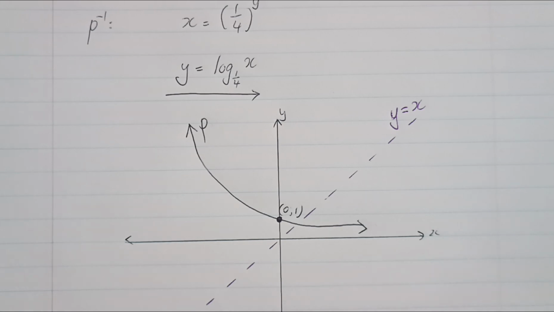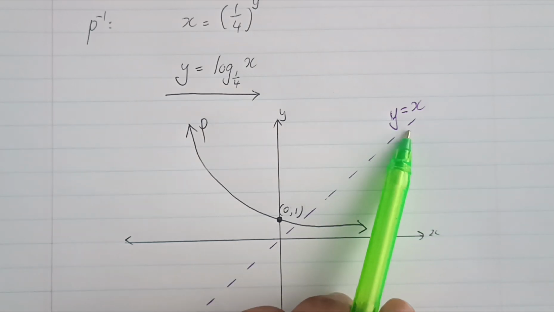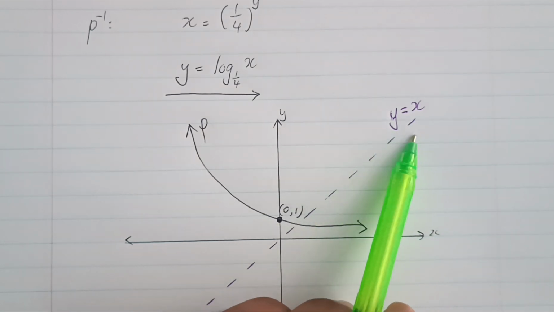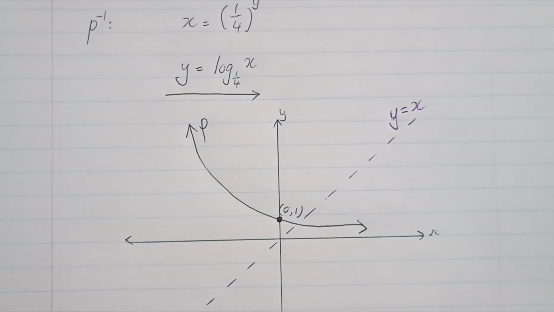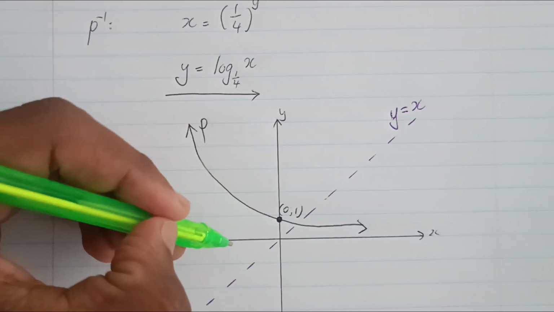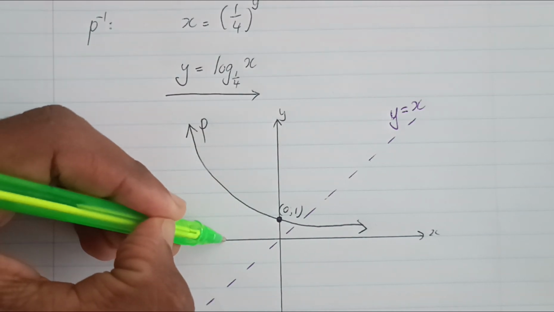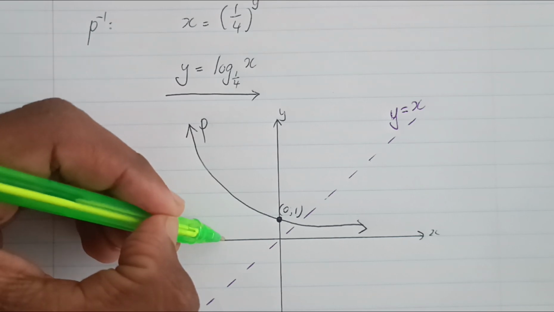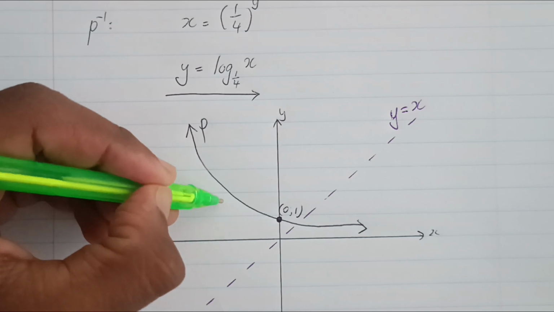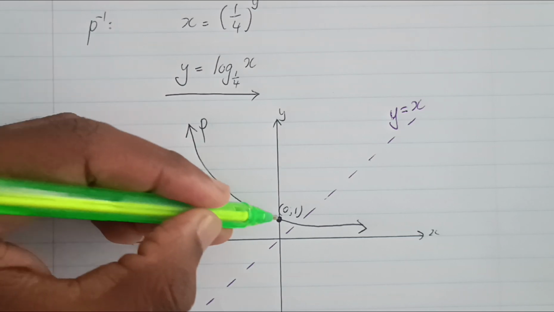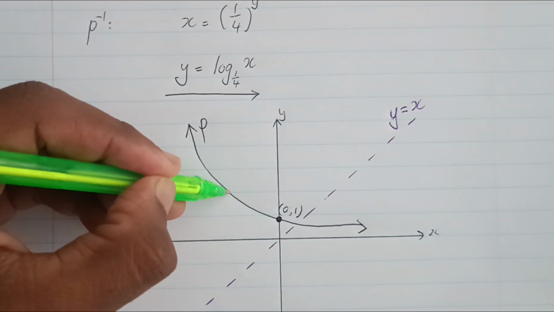I need to draw the inverse function. Now just remember this: the inverse function is a reflection in the line y equals x, and when you reflect in y equals x, you swap the x and y values. These are just random values, not the actual values. Maybe this is a minus 2 as an x, and then it's going to be bigger than 1, so let's say 2 as a y.